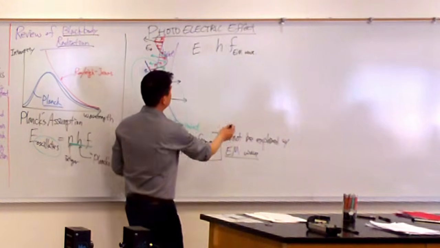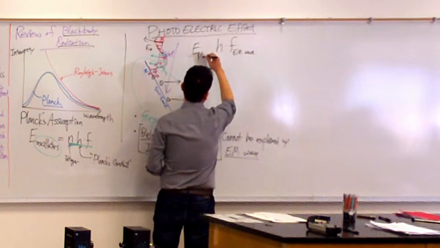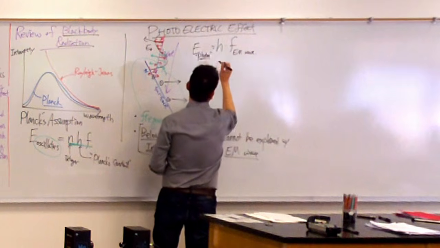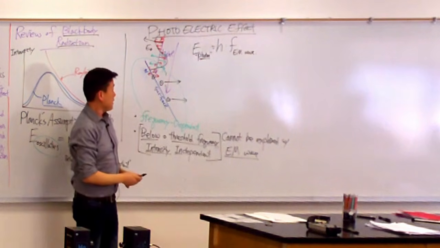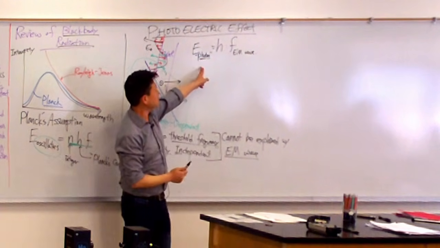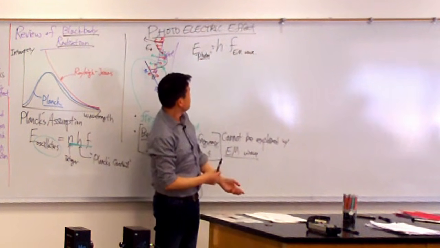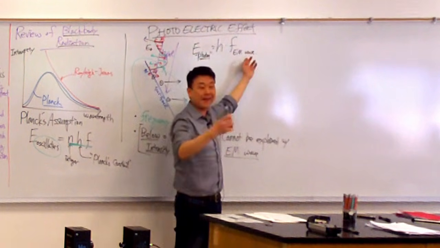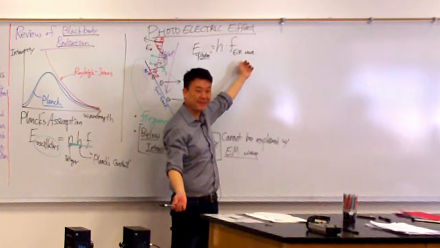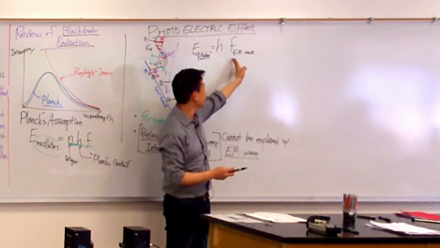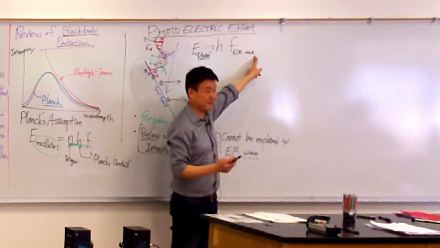So you end up having to say you are dealing with the energy of a photon, which is the name we have given to this light particle. And the energy of a photon is Planck's constant times frequency of, well, I guess we are still treating it somehow like a wave, because it wouldn't make sense to talk about frequency unless we are still dealing with the electromagnetic wave, right?